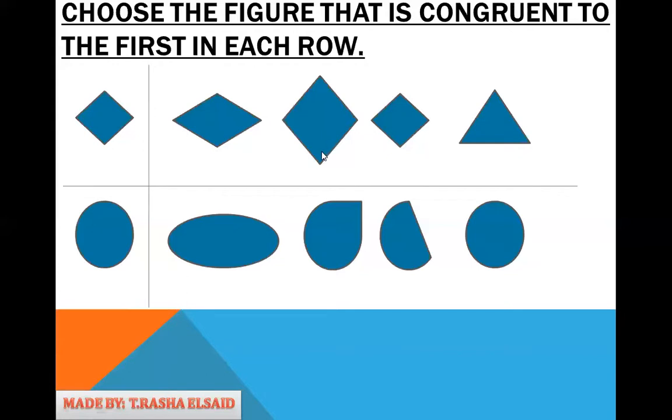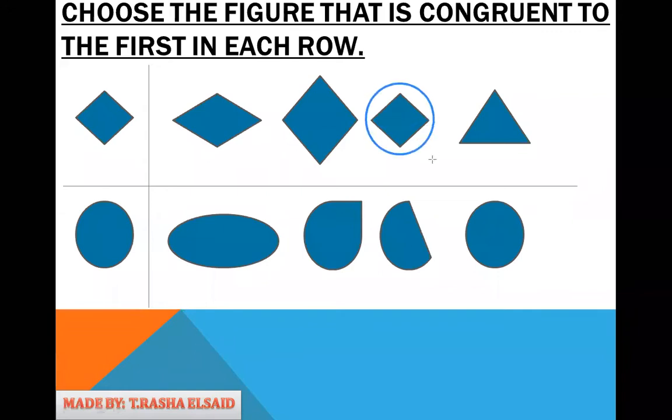Is this a square? No, it also looks like a rhombus. Is this a square? What do you think? Yes, so I can choose this one. I can circle it like that. So this figure is congruent to the first one. The last one here is a triangle, so it is not congruent to the first. So only this one is congruent to the first one.